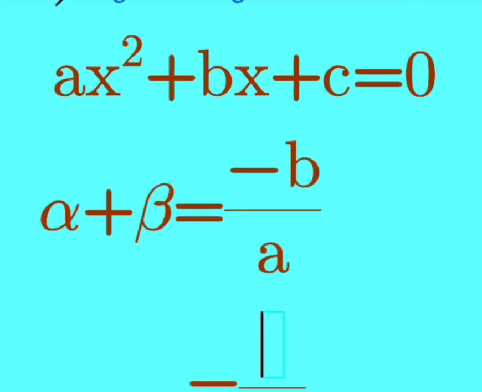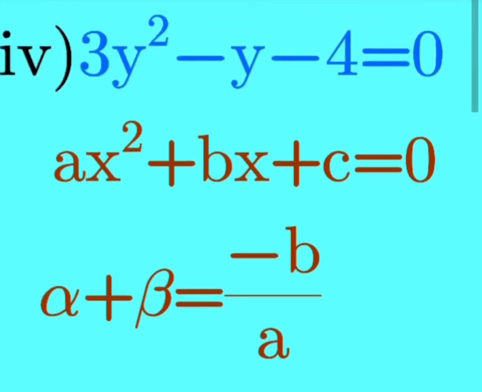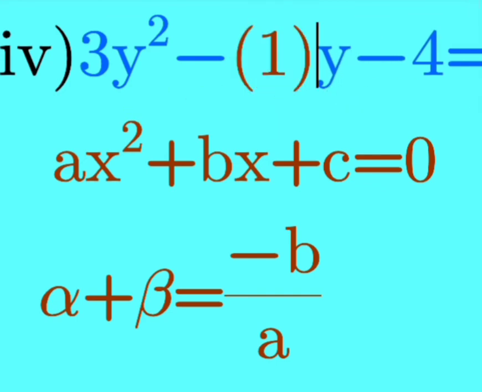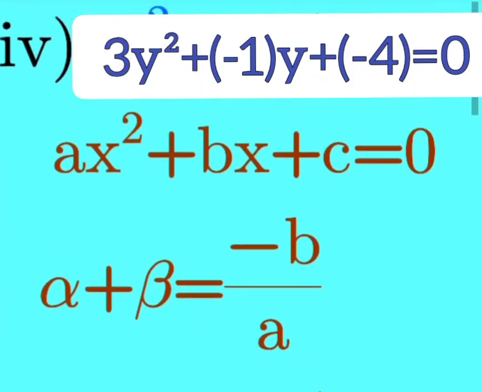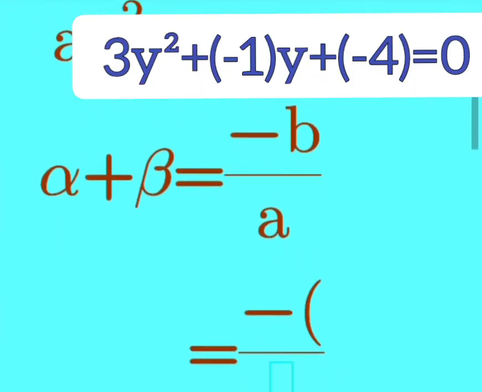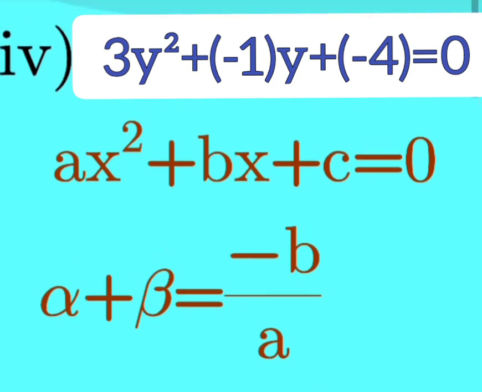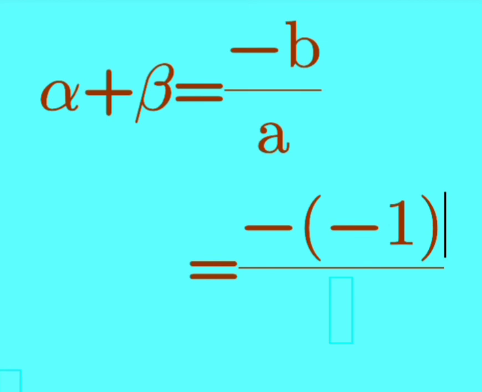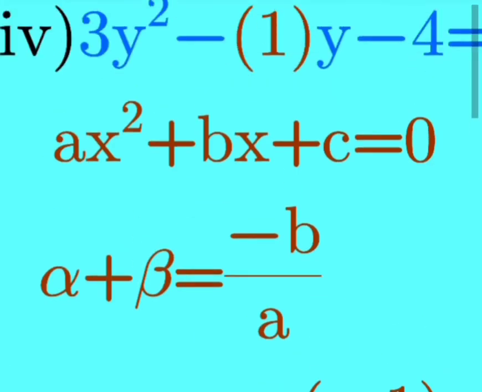Now we have to compare the values of a, b and c with the given equation. So we are putting minus, the value of b is the coefficient of x in the general form, and as per the sum the value of b is the coefficient of y. So we get minus 1.